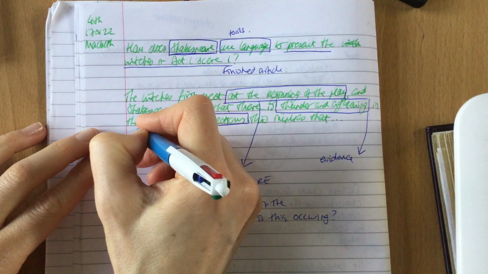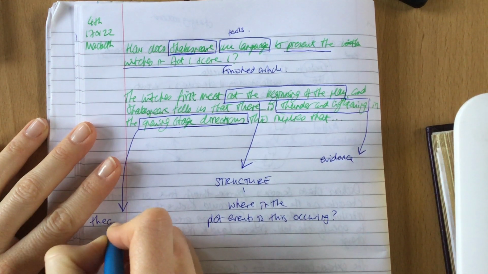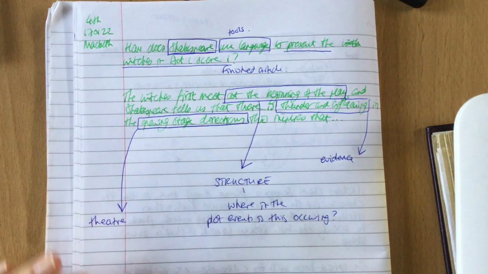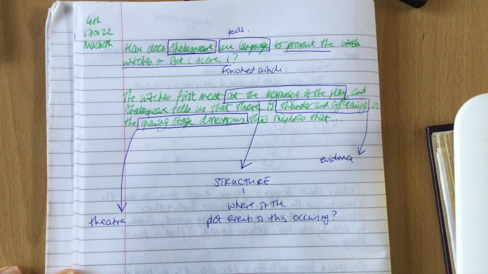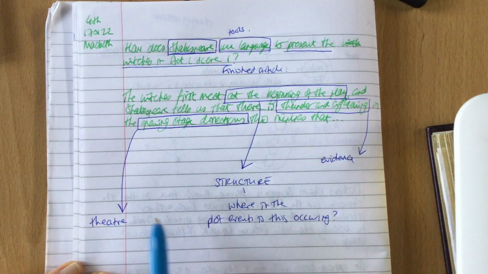Then we have a little bit here. Now this is interesting because this is to do with theatre. Okay? We are not dealing with a poem. We are not dealing with a novel. We're dealing with drama. And when you deal with drama, you have to understand some of the dramatic terminology, so the language of drama, okay?